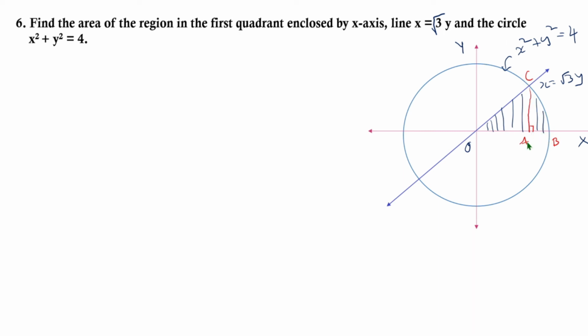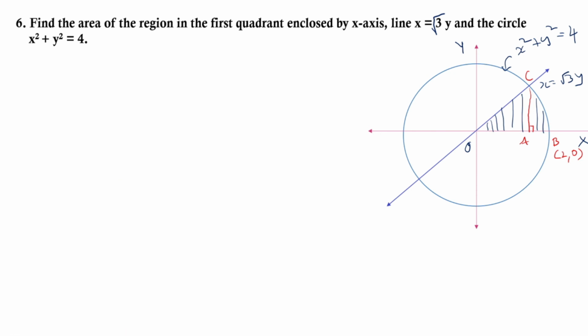Now the coordinates of point B is (2, 0). We don't know the coordinates for A and for C. We can easily find the coordinates of C because C is the point of intersection of the line x is equal to root 3 y and the circle x square plus y square is equal to 4.